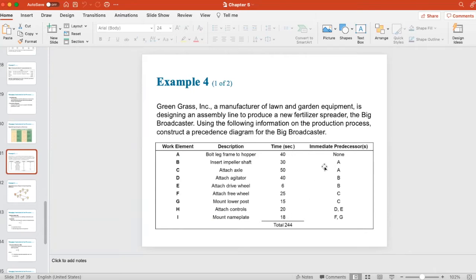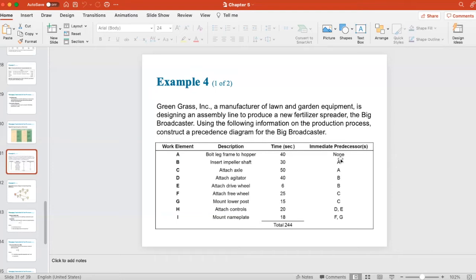Now the most important thing is shown here, which is called the immediate predecessor. The immediate predecessor tells us, in order to start every single work element, whether we have a predecessor before that specific work element.